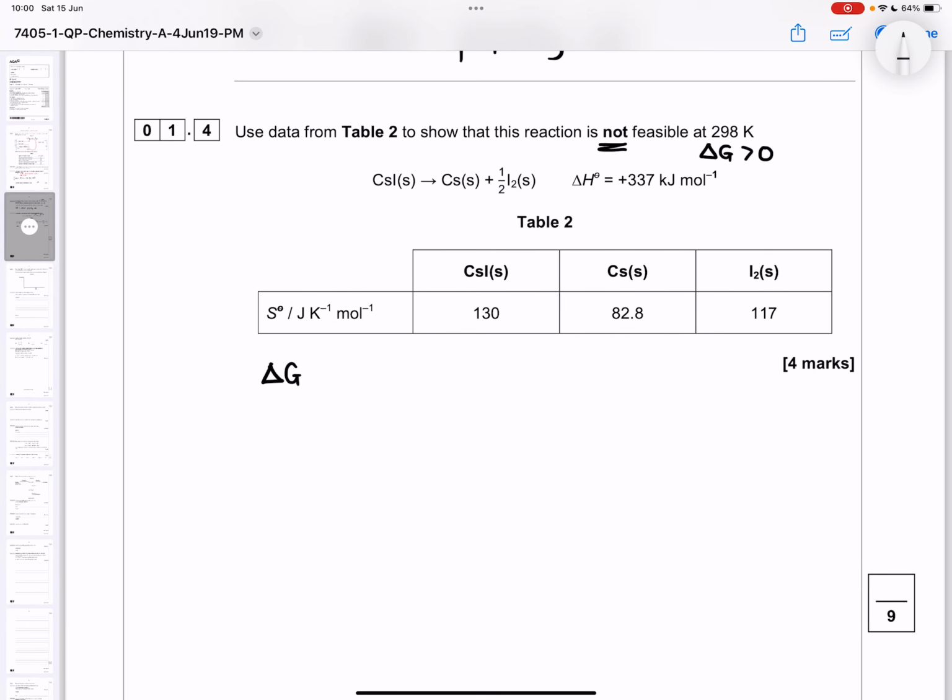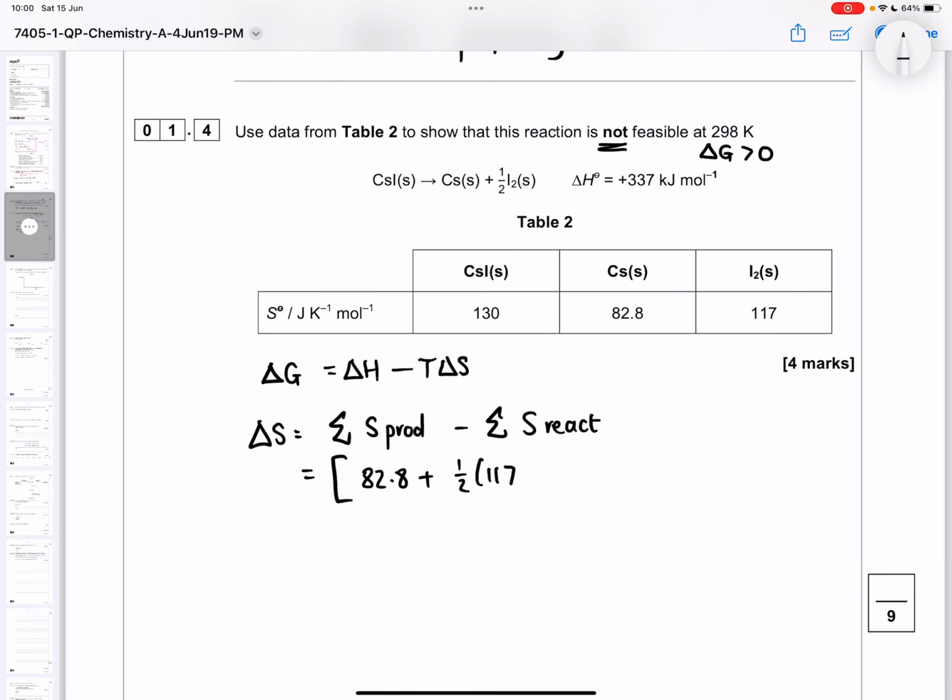So delta G, remember, is delta H minus T delta S. First thing we're going to need to do is work out delta S by doing the sum of the entropies of the products minus the sum of the entropies of the reactants. So we're going to add up the products, 82.8 for cesium, and then a half, 117. And then we're going to subtract the reactants, 130.